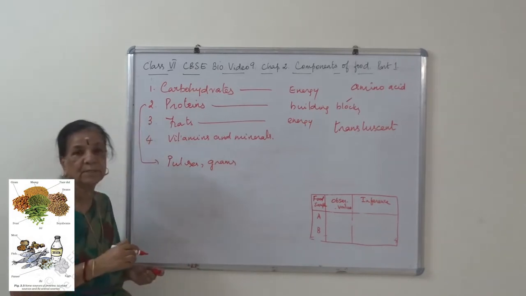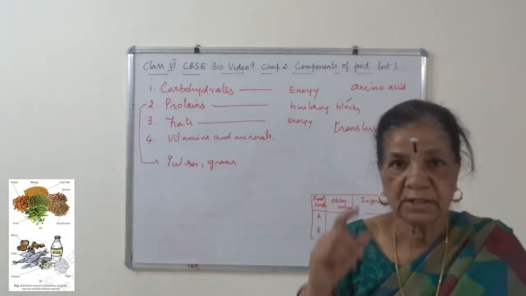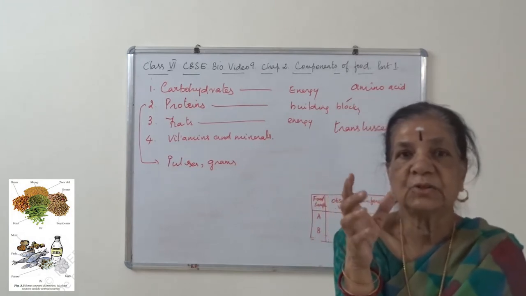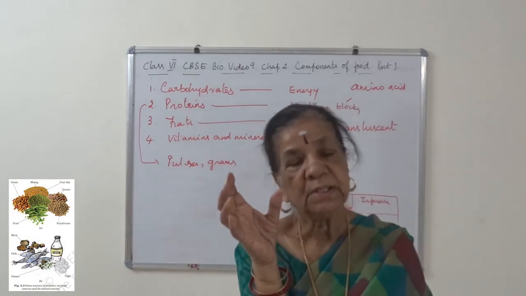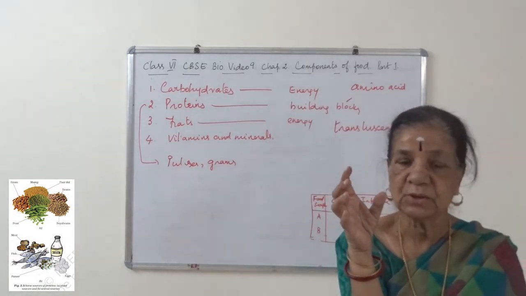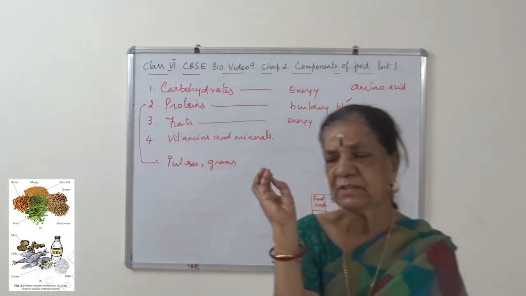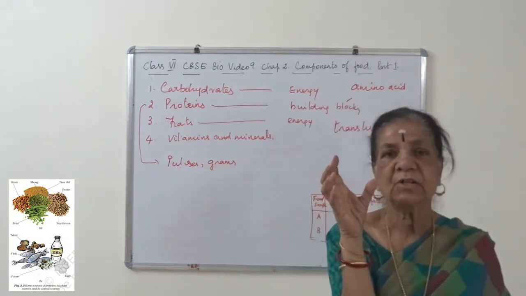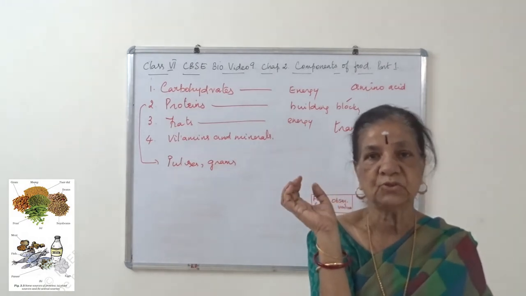These are the main sources. Mainly peas, broad beans, and toor dal are protein sources. In non-veg, the hen's egg is a protein source.